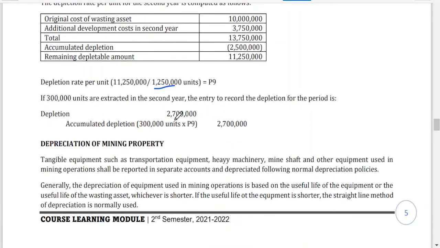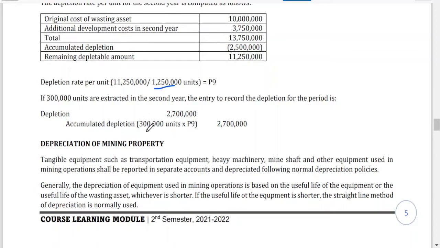How about if there are other tangible properties or tangible items that are being used in the exploration and evaluation of the mineral resource, like transportation equipment, heavy machinery, mine shaft, and other equipment. As we have mentioned previously, as part of the development costs, we have two development costs. We have the tangible and the intangible assets.